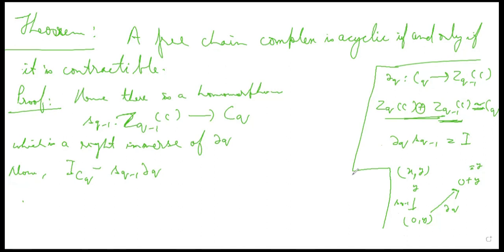So it is something like (x, y) goes to, when you apply this, you will get y, (0, y), and when you apply S_{q-1}, then it is again (0, y).